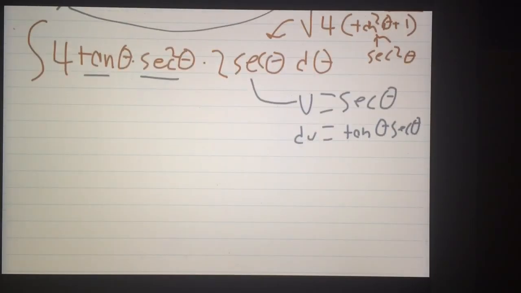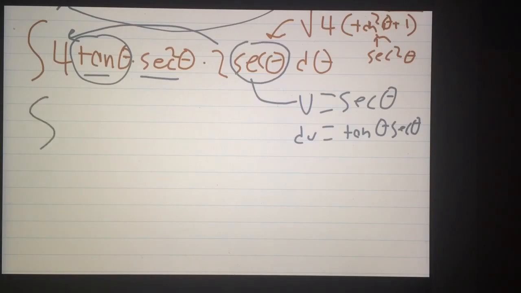That actually makes it really nice. If we simplify again, this whole thing is simplifying. We move this 2 over here. We substitute in u for secant, and then du for this tan theta and this secant theta. Well, we get the integral of 8 u squared du.